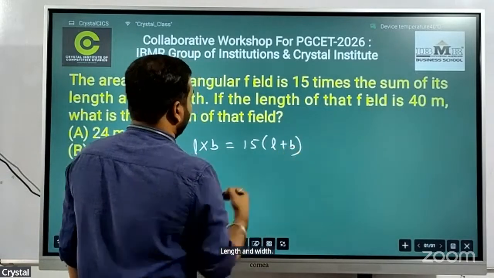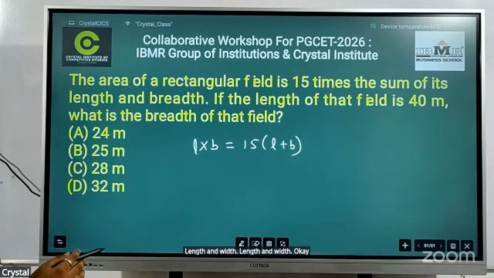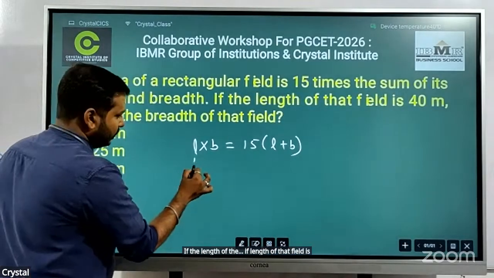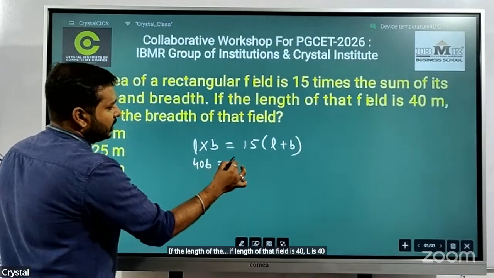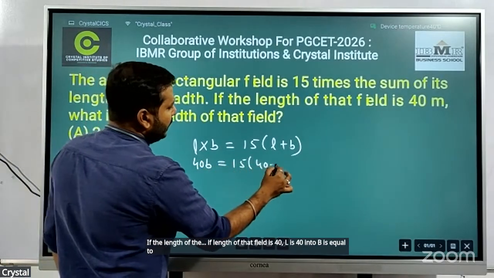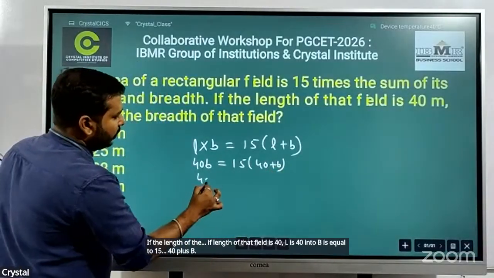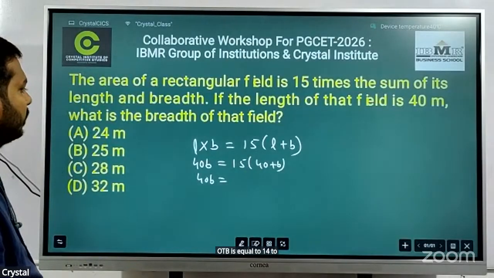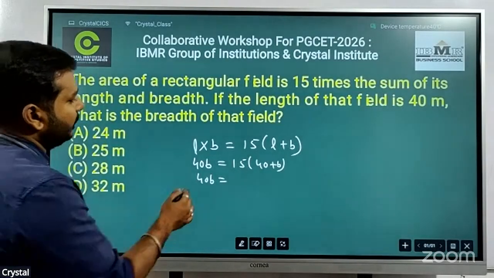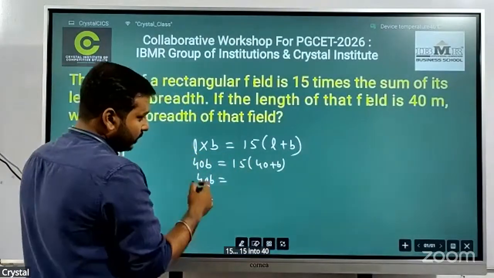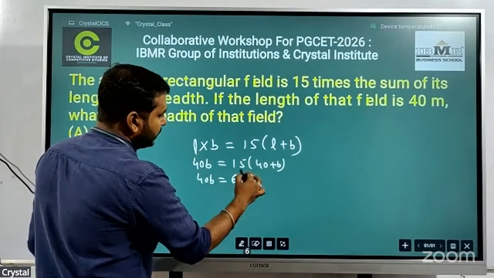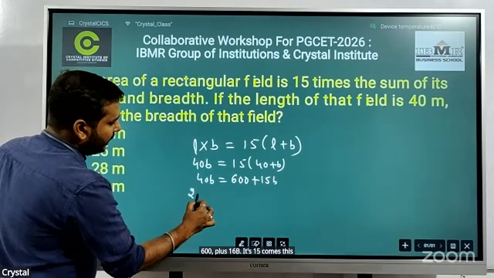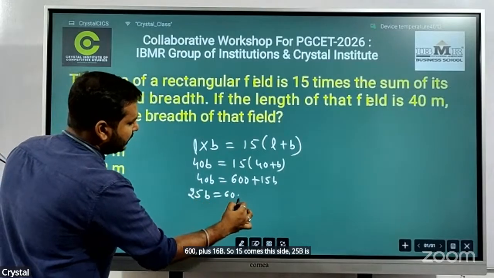If the length of the field is 40, then 40 into B is equal to 15 into (40 plus B). 40B is equal to 15 into 40, which is 600, plus 15B. So 15B comes this side, 25B is equal to 600.